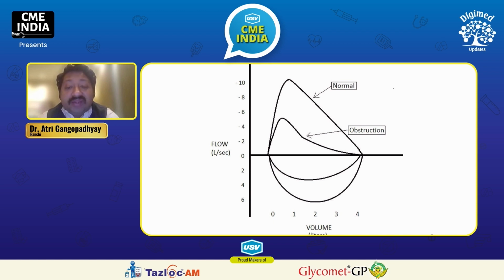Again, look at the extreme right of the curve. The normal curve touches that origin at one point and smoothly goes below. But the obstruction curve towards the end becomes almost parallel to the x-axis. So these are three portions. Just by looking at the curve, you can tell whether this person is suffering obstruction or not. As simple as that.